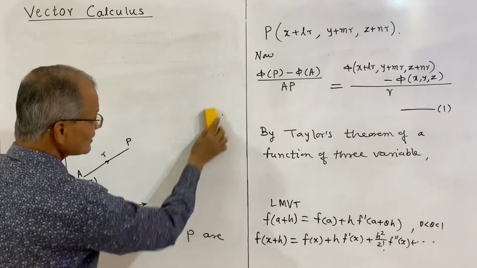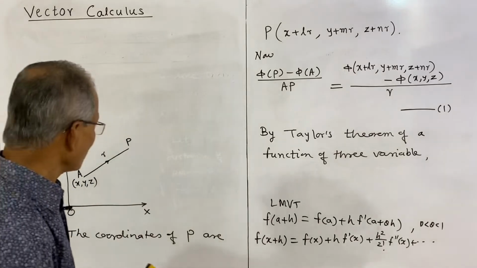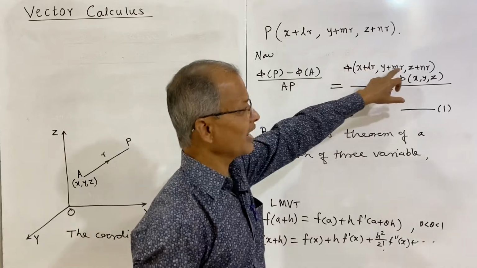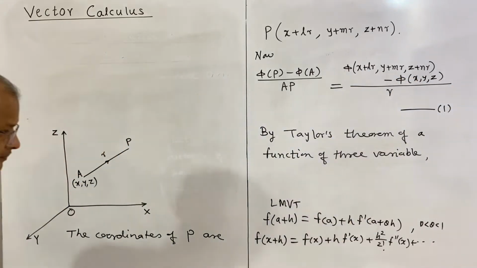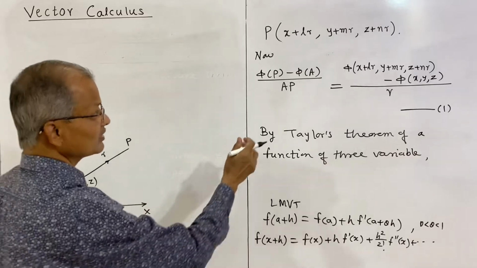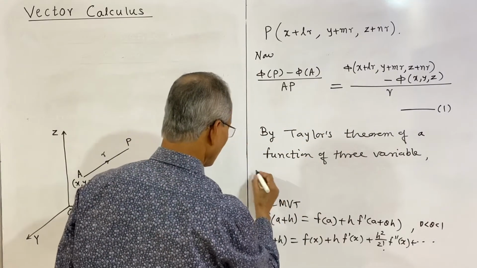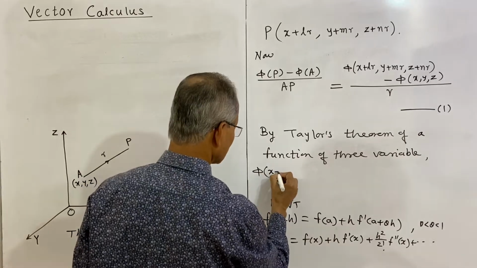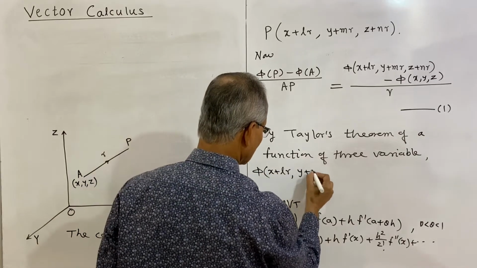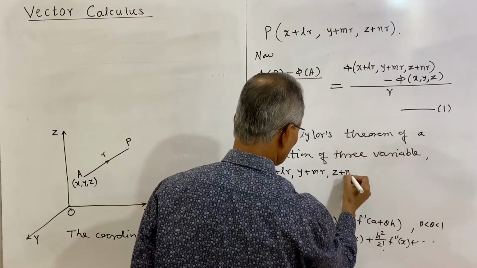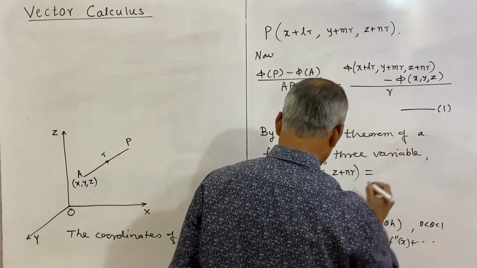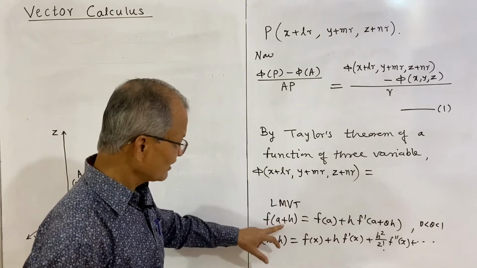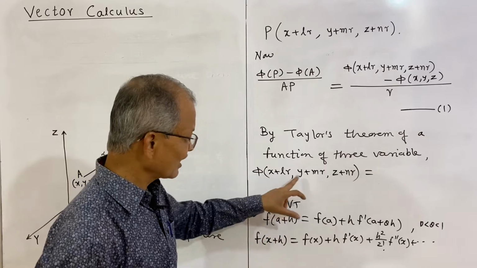So these are the theorems we have written for a single variable, but here this is a function of 3 variables x, y and z. Therefore if you write this result, phi of x plus LR, y plus MR, z plus NR is equal to, now you may see f of A plus H, and instead of a single variable here there are 3 variables.